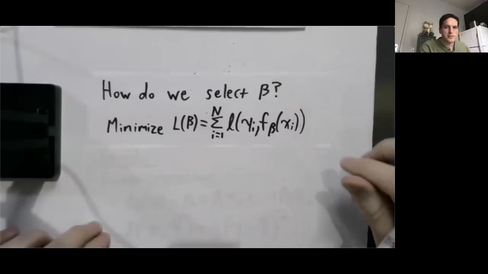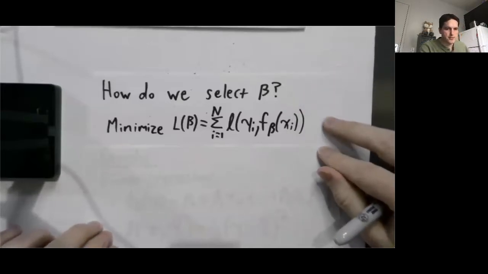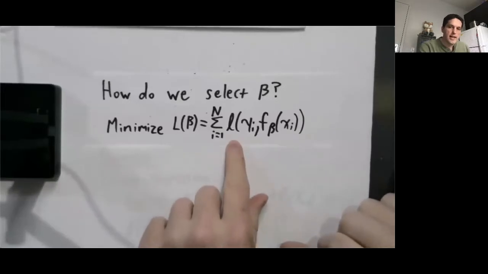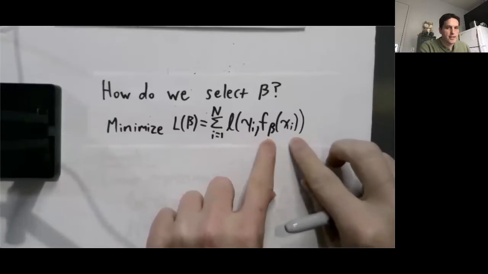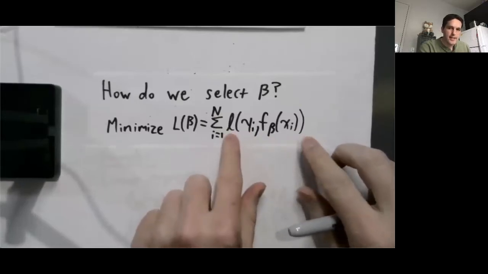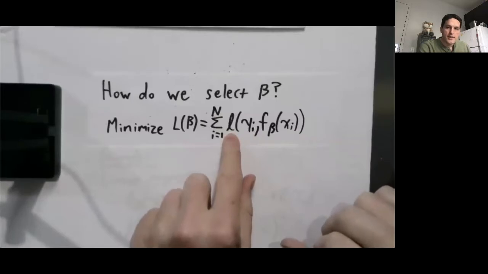What we do is we solve this optimization problem. This loss function L measures the agreement between the ground truth target yi and our predicted target value f sub beta of xi. If this loss is small, then that means the agreement is good.